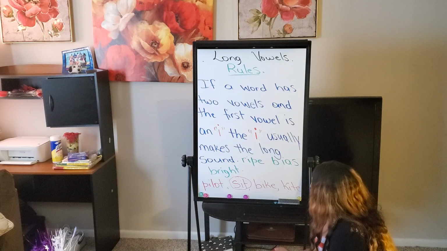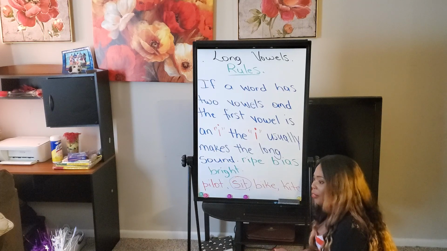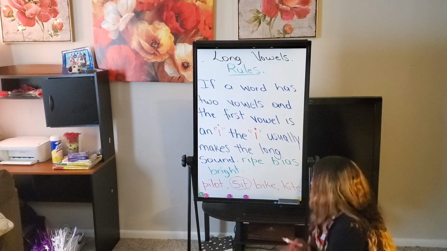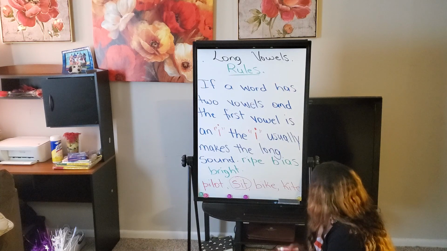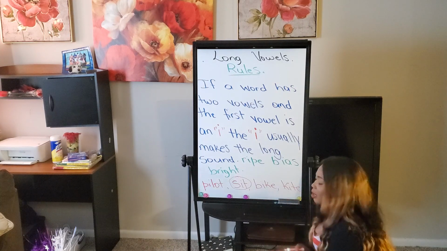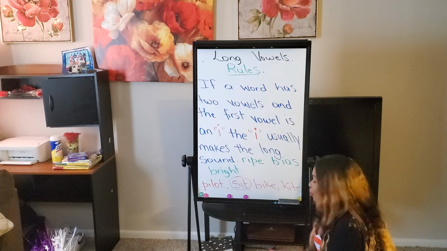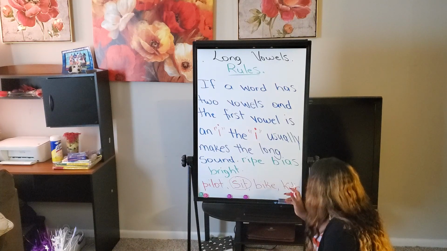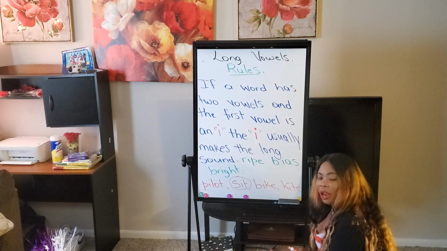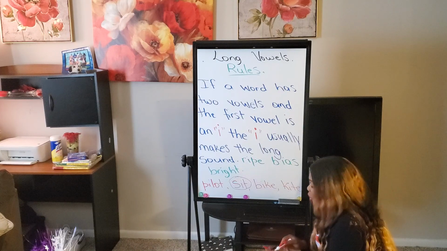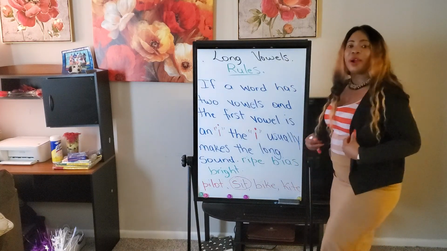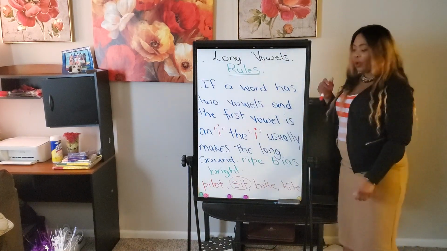And it's right in the middle there. So remember, it's not at the beginning, it's in the middle of the word. So bike is a long vowel I sound there. Kite is also a long vowel I sound. Beautiful, guys. You are doing marvelously with the rules.